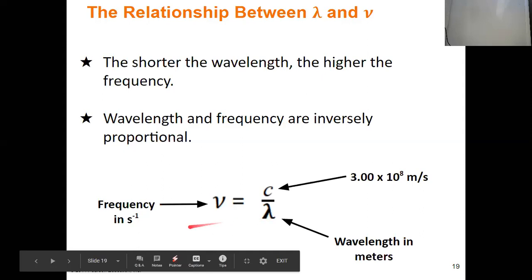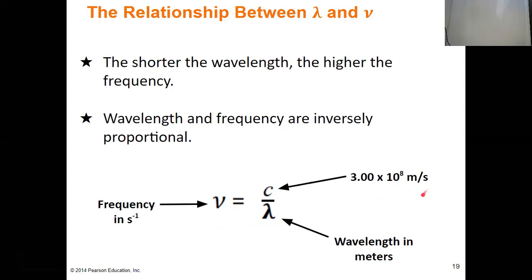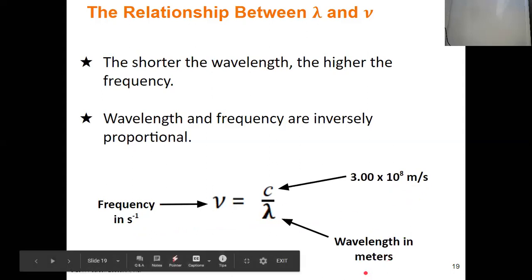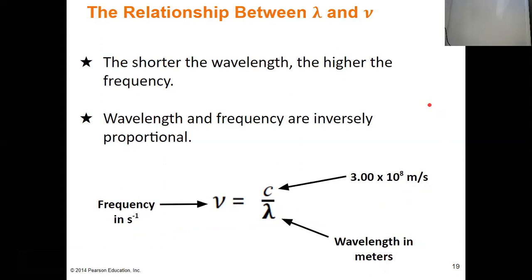Important things to notice is that your frequency has to be measured in hertz, regular hertz, no prefix, or inverse seconds, those are the same thing, and your speed of light has to be measured in meters per second, and your wavelength has to be in meters. All of those units have to be matched up in order for them to cancel out and for you to calculate the correct thing.